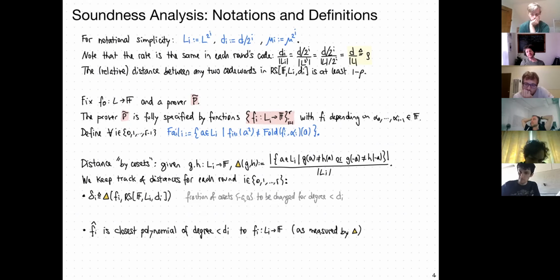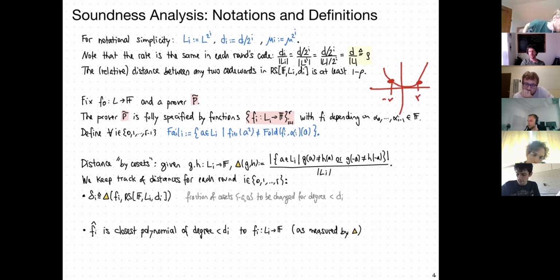So this is something where I can anticipate a confusion, so let me be really explicit. In this lecture, when we use f hat, we will use it in a slightly different way than before. We will use f hat as the closest low degree polynomial to f.